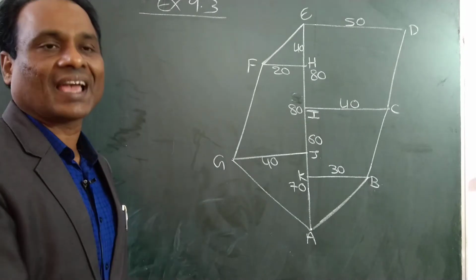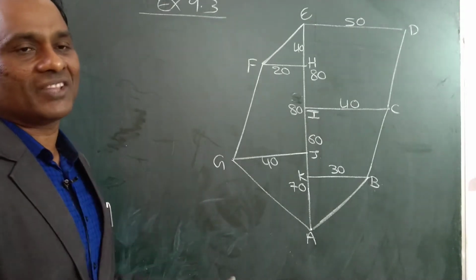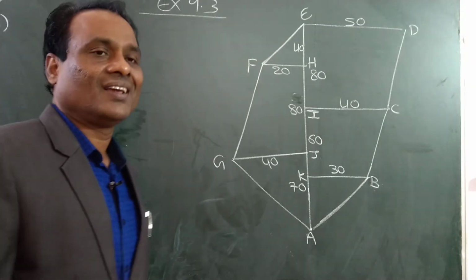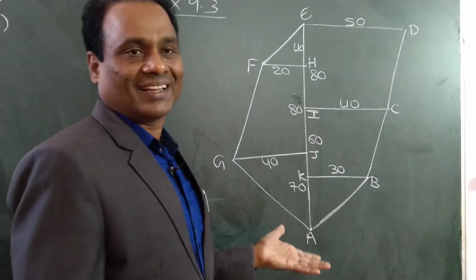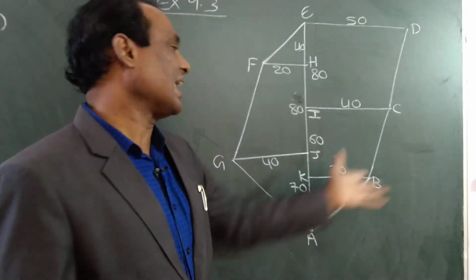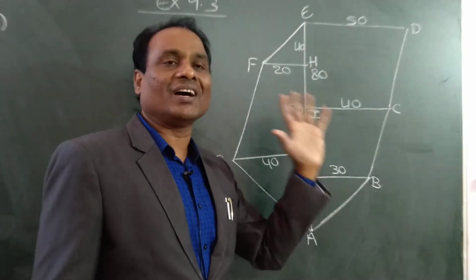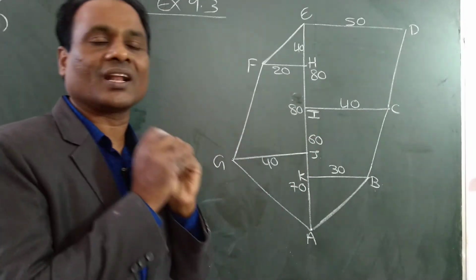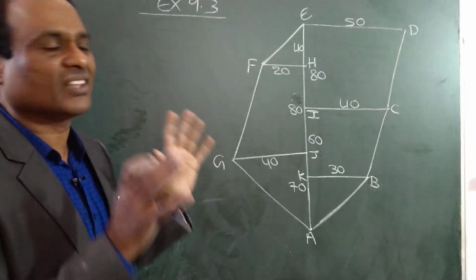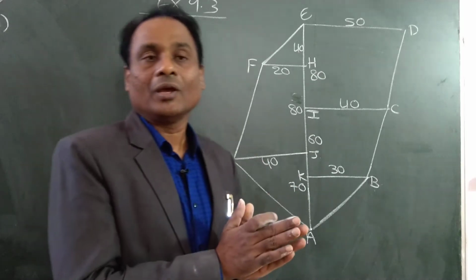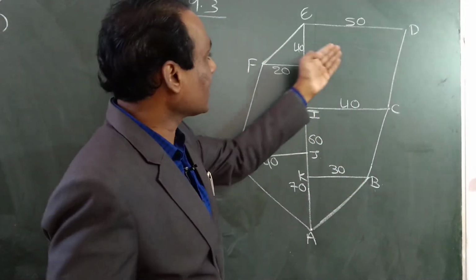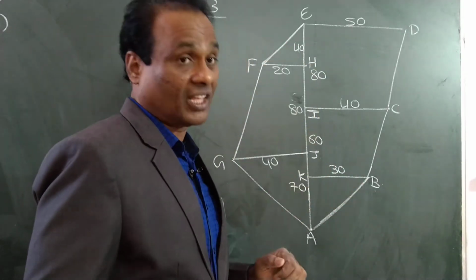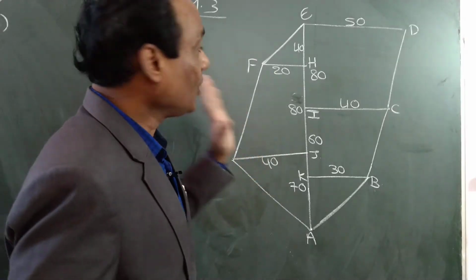It is not a rectangle, nor a rhombus, nor a trapezium, nor a square, nor a circle, nor even a triangle. But if you see the small parts of this, these are known figures.